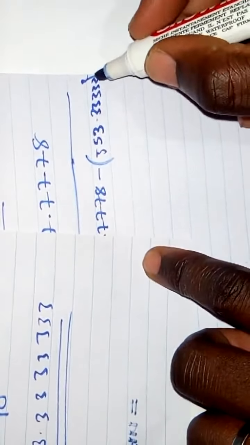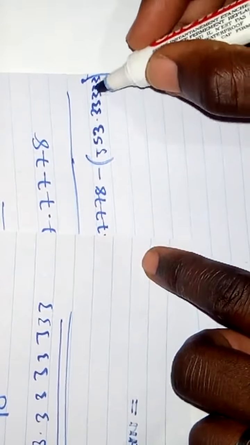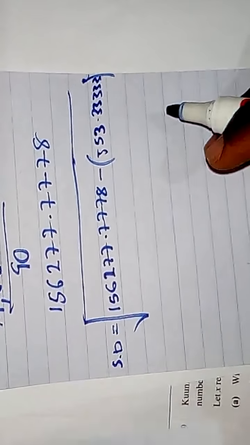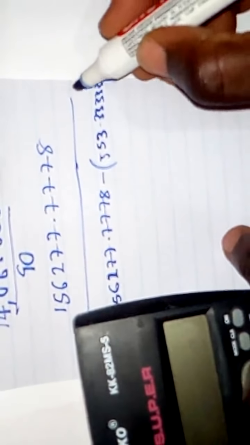They're supposed to be seven threes here, repeated. So this is what we'll do. We'll do this squared. Don't forget to put power 2 here. So we'll put the square root, open bracket.